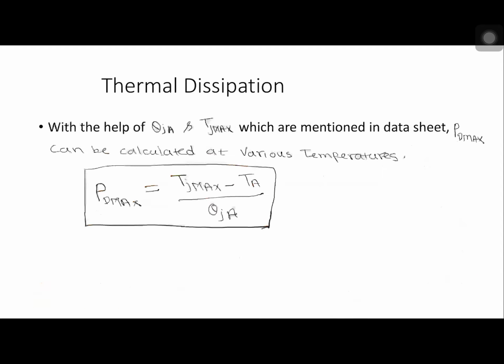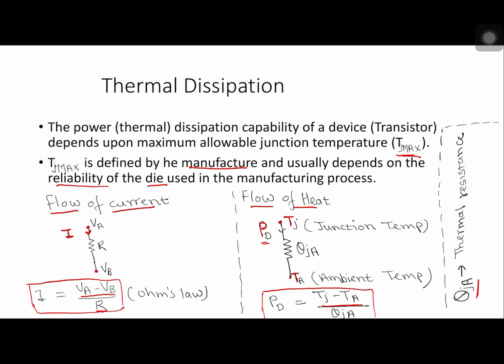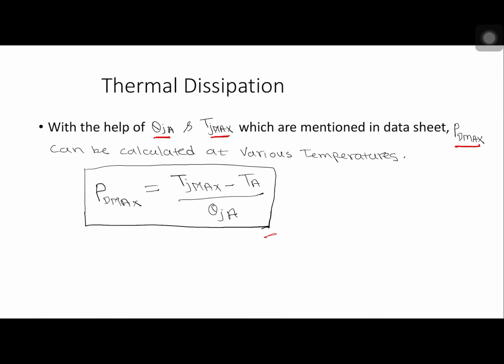Now, with the help of these two parameters, that is thermal resistance and maximum junction temperature, maximum power dissipation can be calculated by using this relation. It's the same as the previous relation, just we have replaced power with maximum power dissipation and temperature with maximum junction temperature. Okay, so this is PD max.